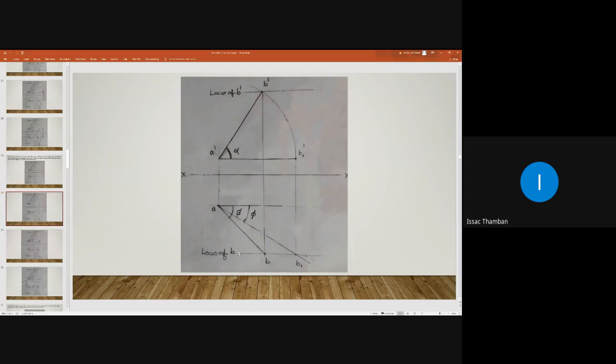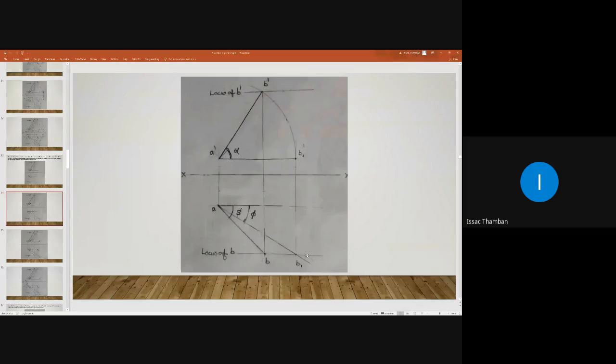Now, how will you locate the exact position? For that, you draw a vertical projector from B1 dash and intersect this locus plane. And here we will get the intersection and we can name it as B1.